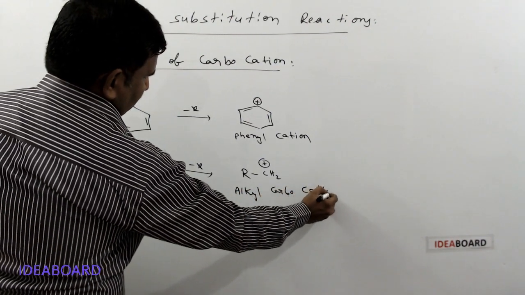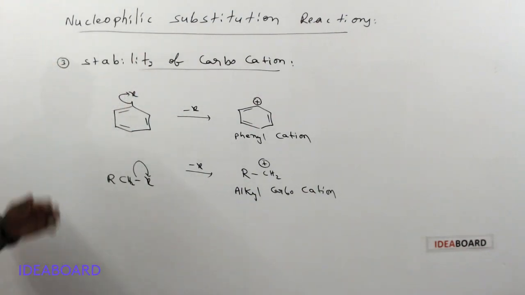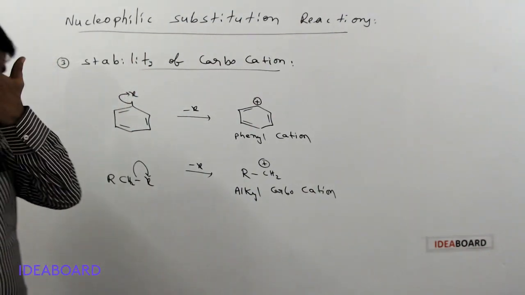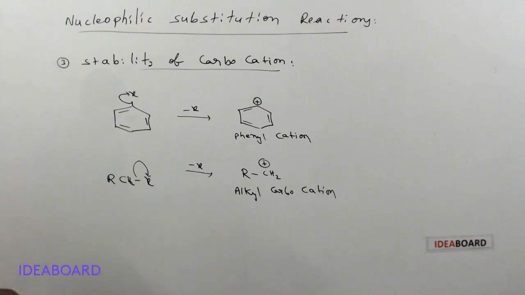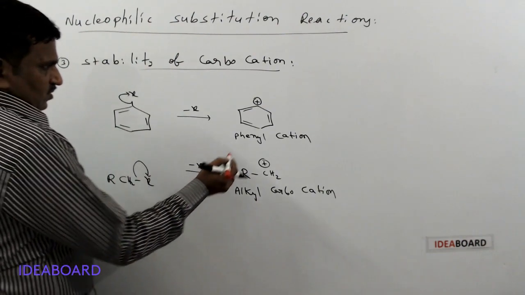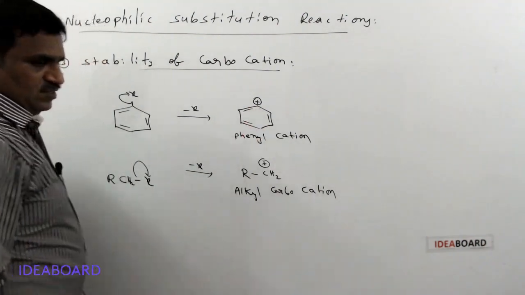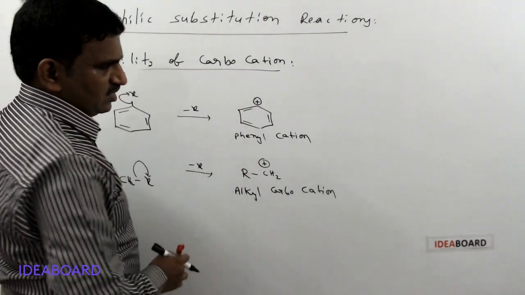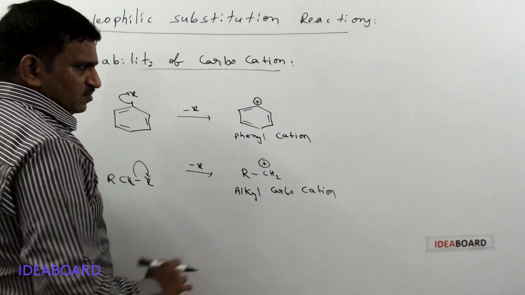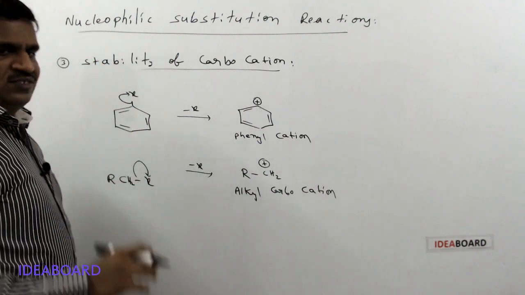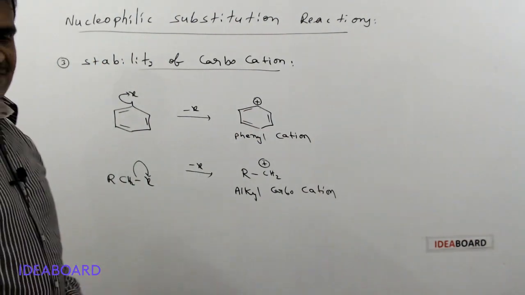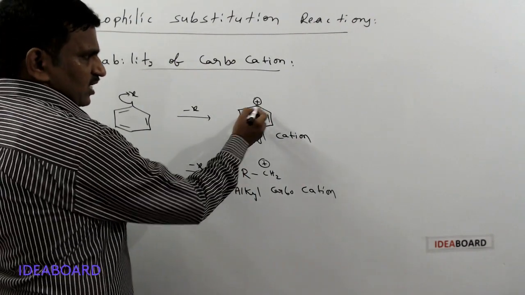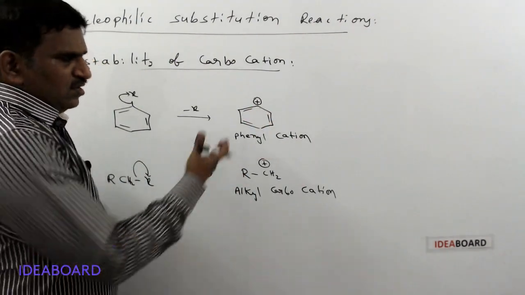If you check the phenyl cation and the alkyl cation, which is more stable? First of all, very important: how many sigma bonds are present? Two sigma bonds, which means it looks like an sp hybridized carbon atom. But sp generally has what geometry? Linear. But here it has a bent or angular shape.